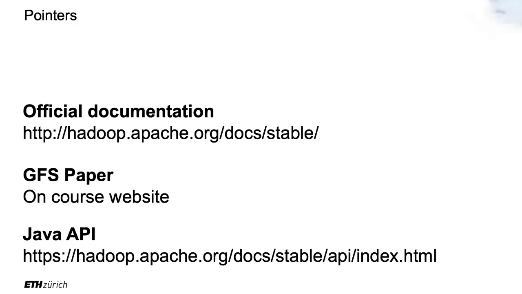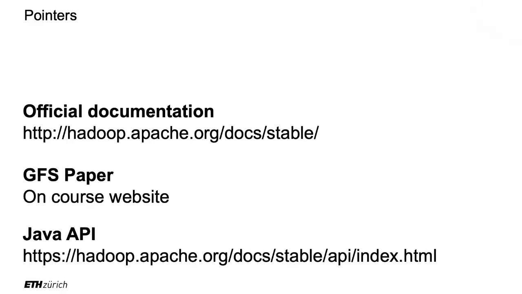And there are papers. There's official documentation. There's the GFS paper, and I think there's also an HDFS paper. You can read either. I think the mandatory reading is the actual textbook where there is everything. If you're interested in reading the HDFS paper or the GFS paper, go ahead, that can be interesting for you.